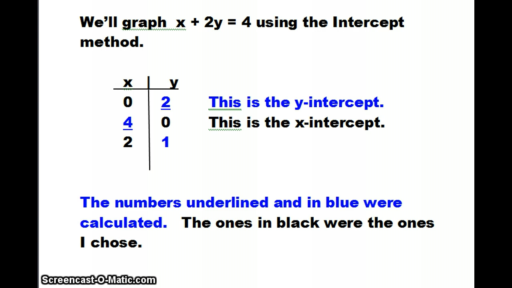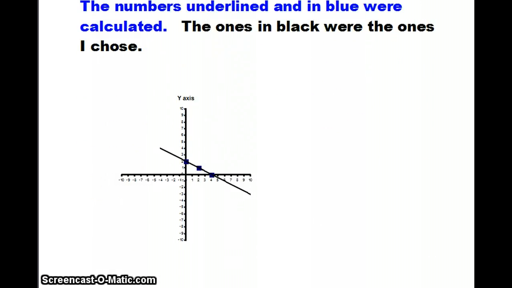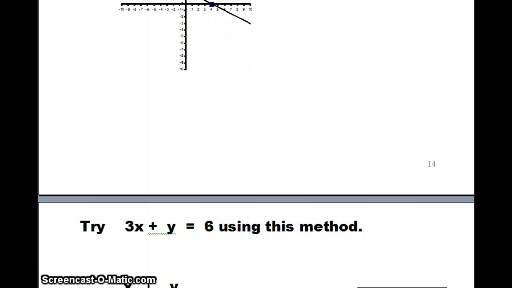If we check it, we have 2 plus 2 times 1 is equal to 4, and 4 is equal to 4. Again, the ones in black are the ones that I chose. The numbers in blue are the ones that I calculated. And we go ahead and graph it. This is what the graph looks like, plotting our 3 points and connecting the dots.